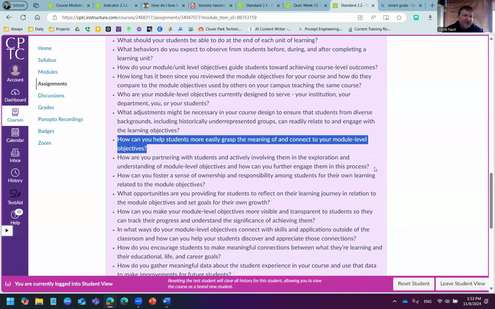Maybe at the end, returning back to the objectives. It's not something that I usually do, because I don't have the time, but returning back to the objectives and saying, okay, these are the objectives, or in the case of course learning outcomes, these are the CLOs.